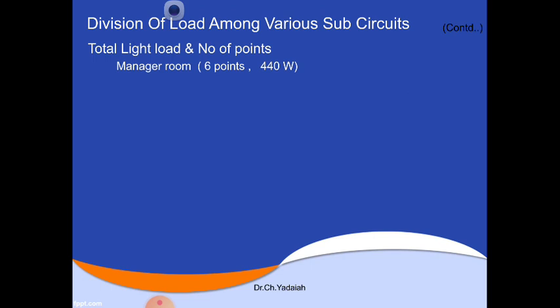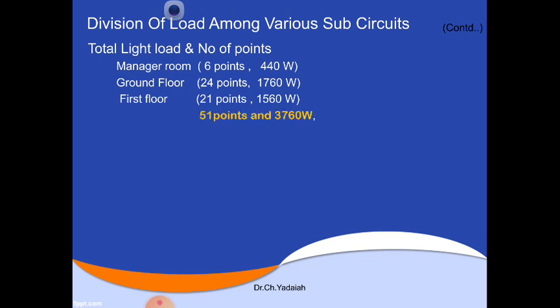First of all, the manager room has 6 points and 440 watts. Remaining ground floor, total 4 portions, is 24 points and 1760 watts, and the first floor has 21 points and 1560 watts. This is the total building lighting load.